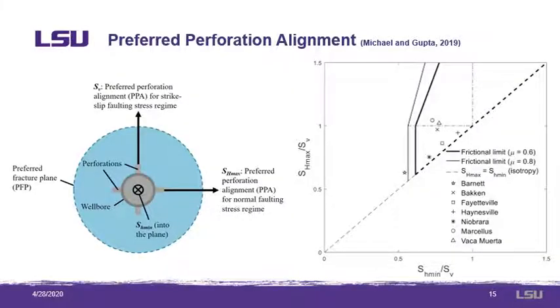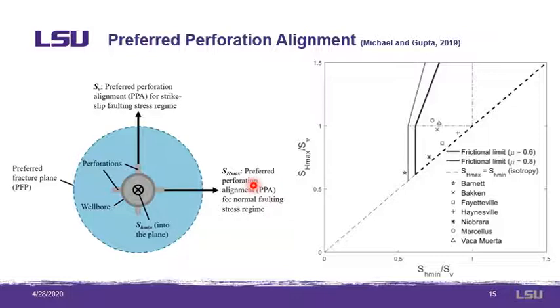As mentioned earlier, the perforation direction is an independent variable in our analysis shown to control the orientation of fracture initiation. As we change the perforation direction from top of the hole, one extreme, 0 degrees, to side of the hole, which is another extreme, 90 degrees, the breakdown pressure window varies.